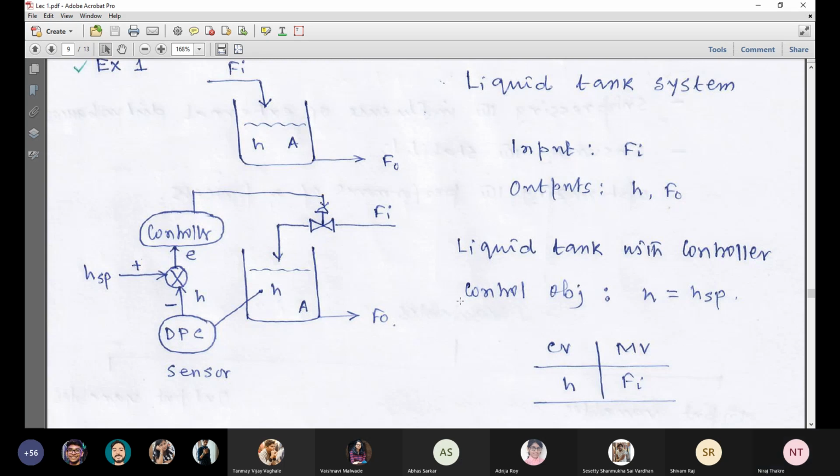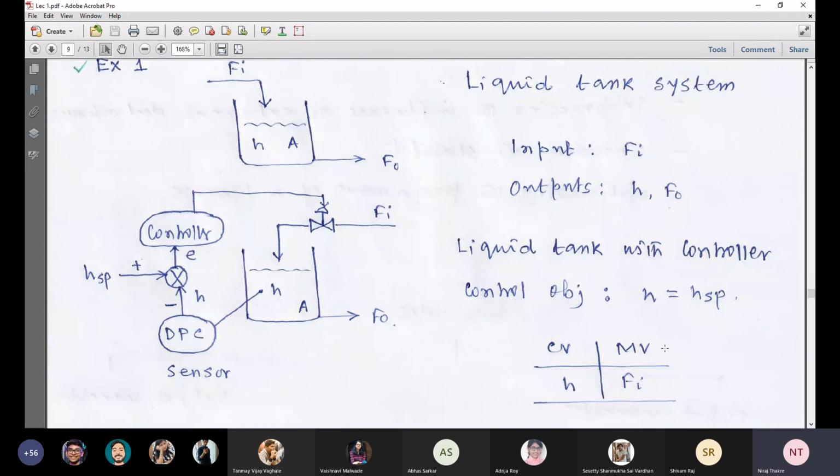Fine. I repeat, whenever we are taking an example system for controller design, our first job is to identify the control objective. Now for this example liquid tank system, our control objective is to maintain the liquid height in the tank at its desired set point value, which is written here, you see.